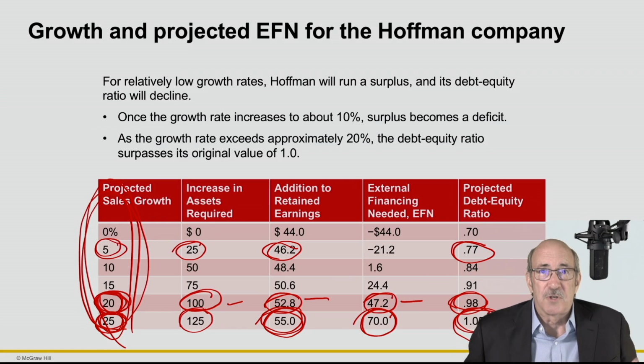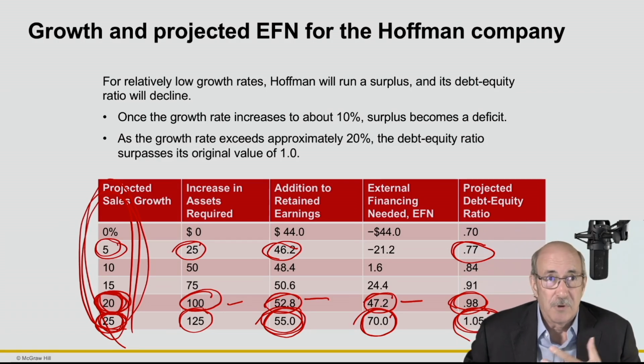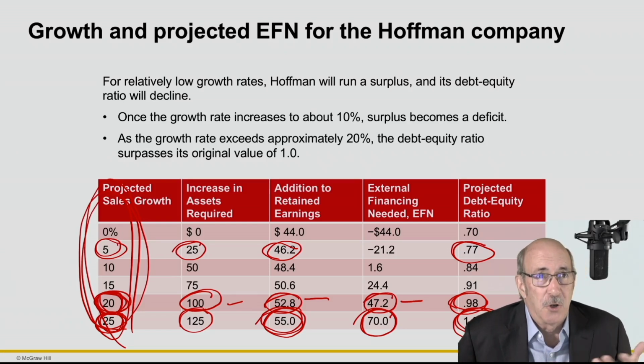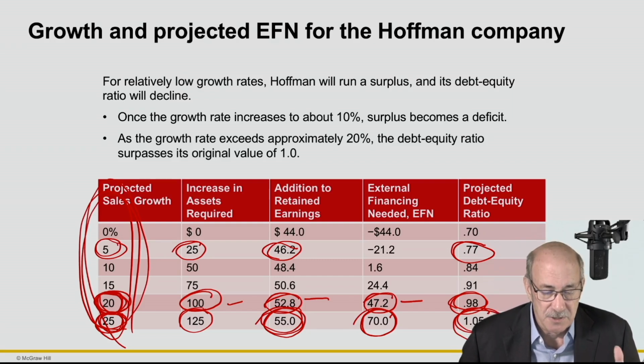So these are the sorts of analyses that we can do, sensitivity analysis, right? It's helpful to know this in advance. That way we can pre-plan for a bond issue or for an equity issue or maybe a repurchase of equity. We can go to our investment banker and say, hey, look, here's the new project. Here's what we see as potential needs.